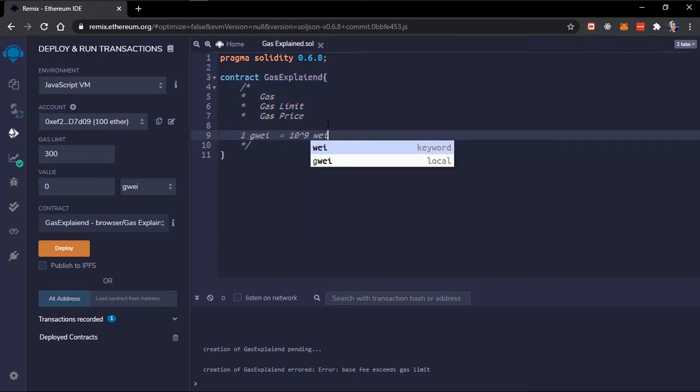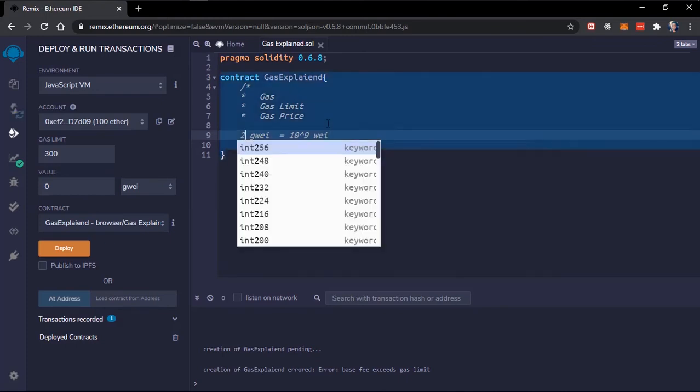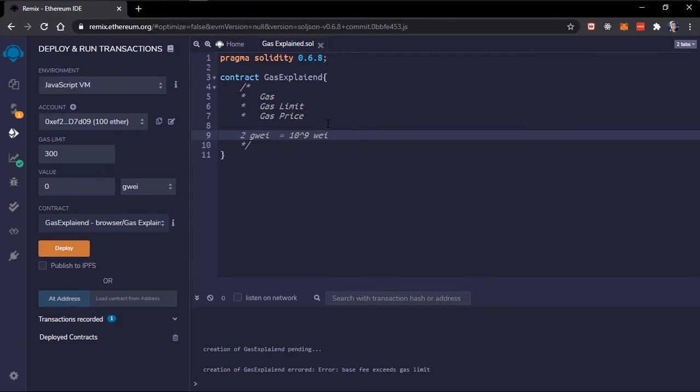Let me just add this here. Default gas price is 2 gwei. If you call a function with the default value and someone calls this transaction with maybe 50 gwei, the miners will pick the person that's paying 50 gwei over you. So your transaction will take more time to be mined, and those who pay higher will be mined quickly.